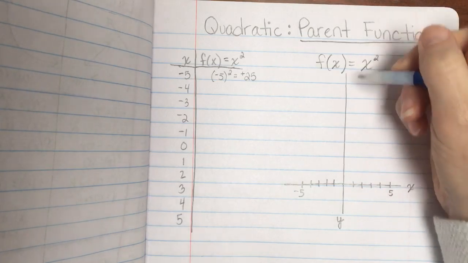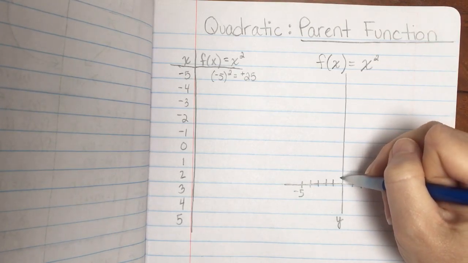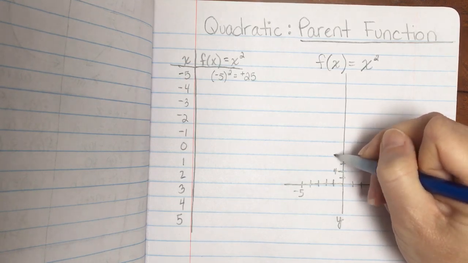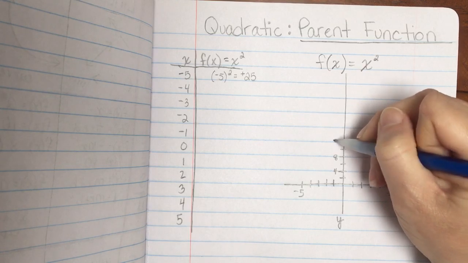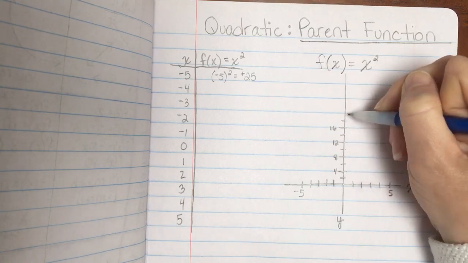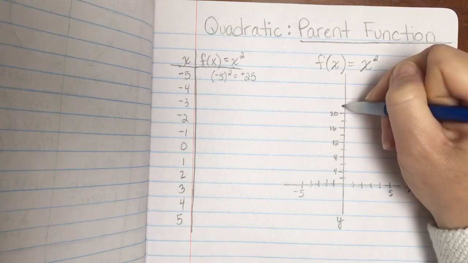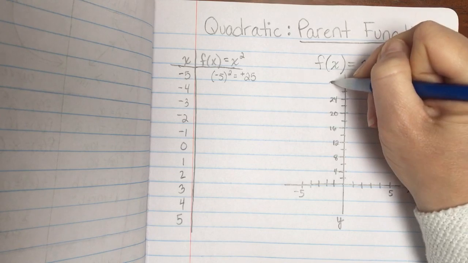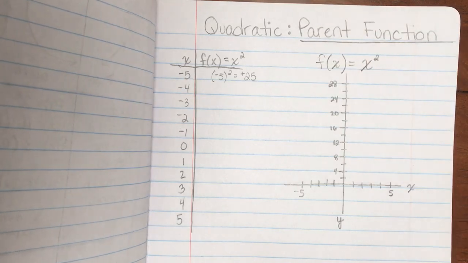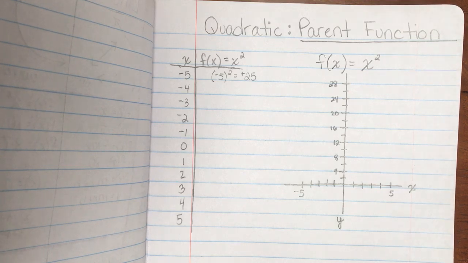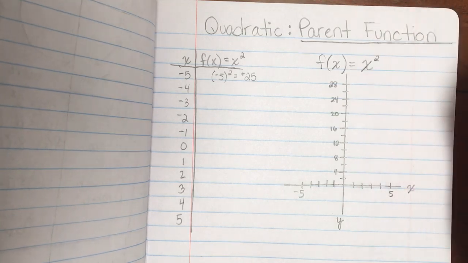We're going to go by 2's up here on the y for your scale: 2, 4, 6, 8, 10, 12, 14, 16, 18, 20, 22, 24, 26, 28. That's plenty of room to graph what I need to graph. I only wrote those numbers in because I write too big.